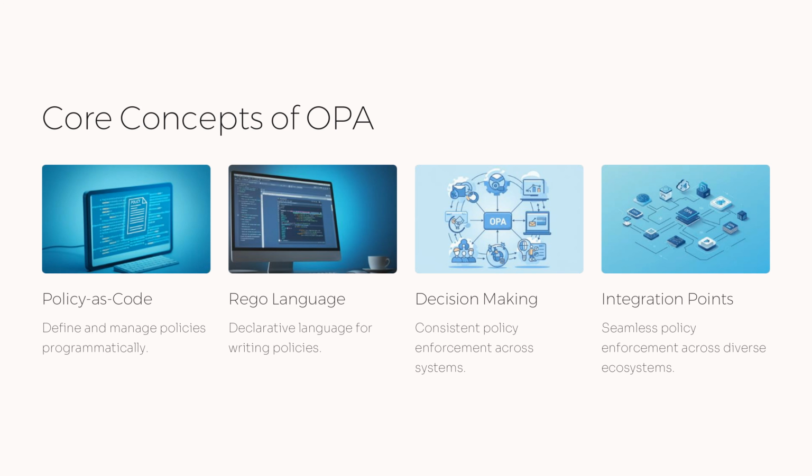By using REGO, you gain the ability to create clear, concise, and logical policies that OPA can enforce consistently across all your systems. OPA also ensures decision-making is consistent across systems, providing uniform enforcement no matter how diverse your infrastructure might be. Lastly, the integration points offered by OPA enable seamless policy enforcement across a wide range of ecosystems, ensuring your policies are applied where and when they require action. This comprehensive approach streamlines the way policies are implemented and maintained across various environments.